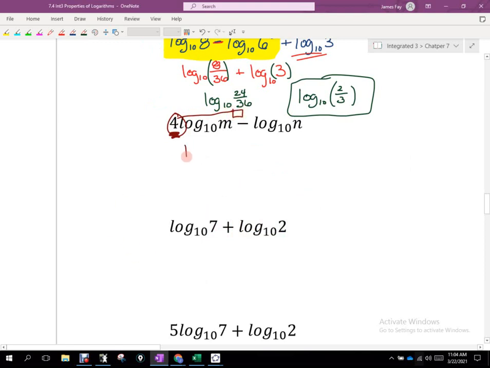So it's going to turn into log base 10 of m to the 4th, now minus log base 10 of n.